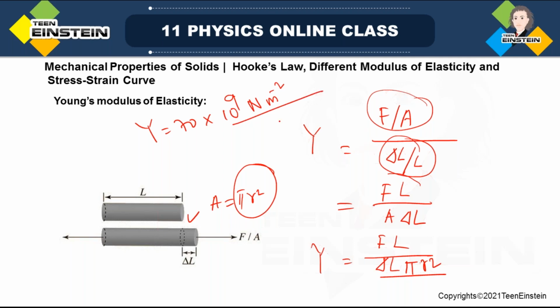This is for aluminum. Let us see the value for steel. For steel it is 200 Newton per meter square.